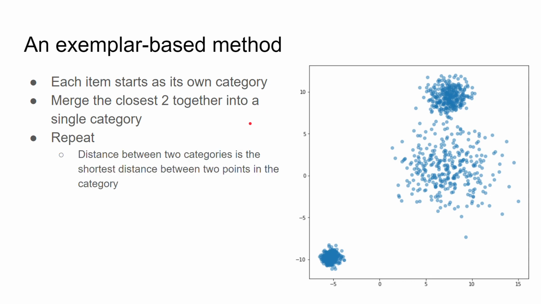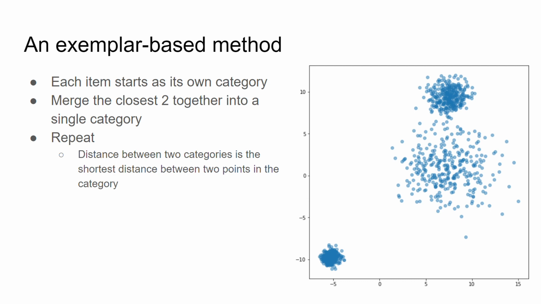We've got to be a little bit subtle here, in that at a certain point we're going to need to say, okay, I have one category that has 2 dots in it, and I have another category that has 2 dots in it. How close are they? I need some way of defining that. Again, there's a variety of ways of doing that.